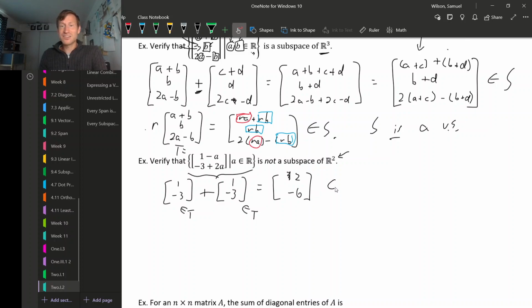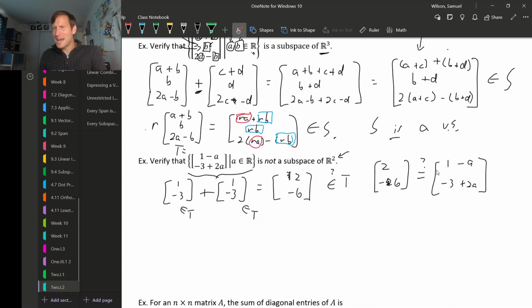So now we have to ask ourselves, is this in capital T? Well, capital T is made up of all of the vectors that look like this. So is it possible to write 2 comma minus 6 as 1 minus a and minus 3 plus 2a?